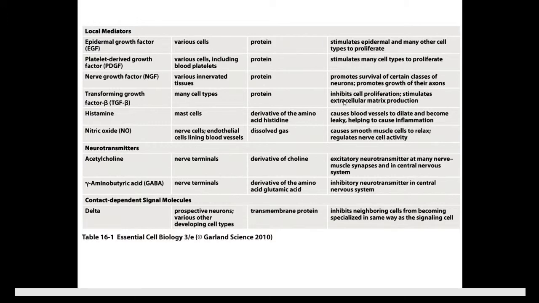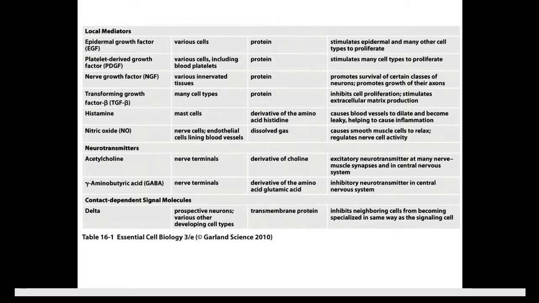That is the difference. Histamine is produced from mast cells. It's an amino acid derived hormone. It causes blood vessels to dilate and become leaky. It causes inflammation. Nitric oxide is a dissolved gas.